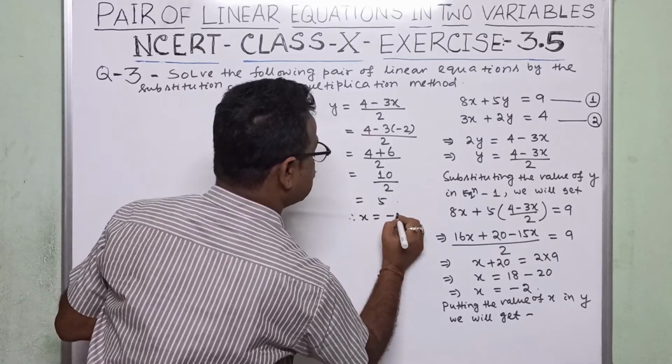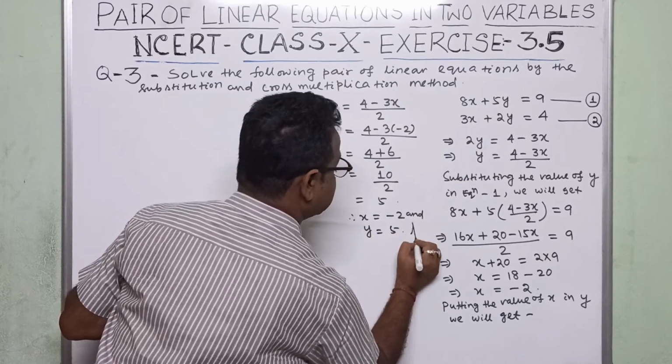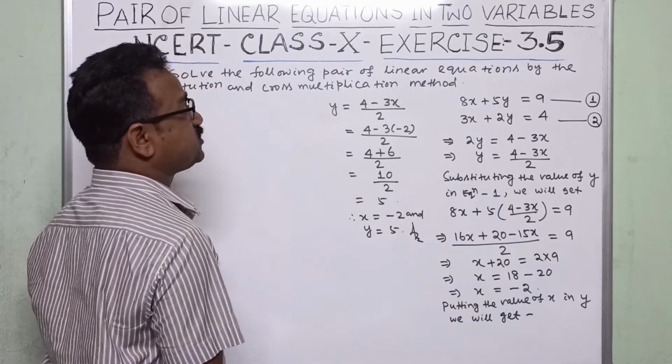Therefore, x is equal to minus 2 and y is equal to 5 is the answer in the method of substitution.